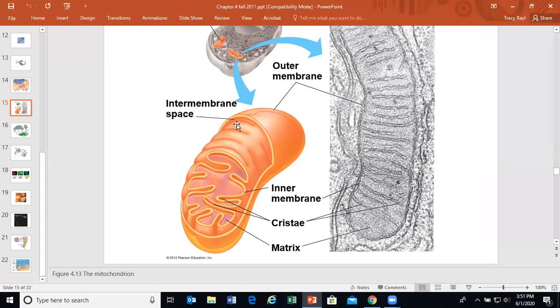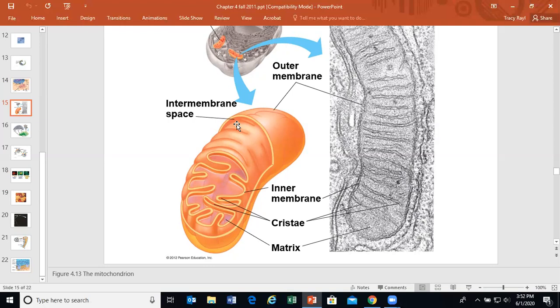That location is actually going to be important in chapter 6. In chapter 4 here, I'm teaching you about the different organelles. This organelle, the mitochondria, is going to be the focus of chapter 6 when we get there.